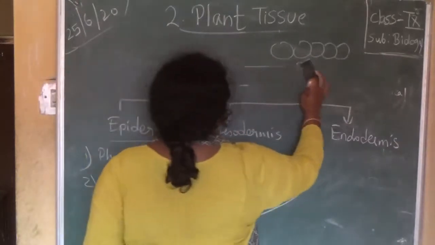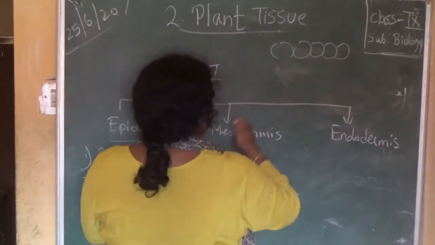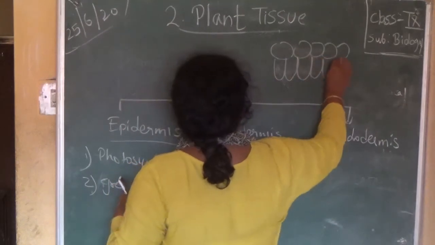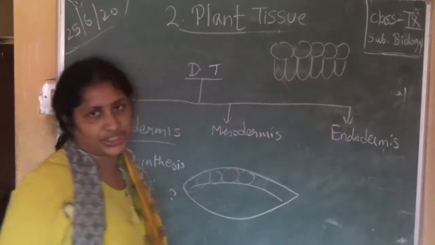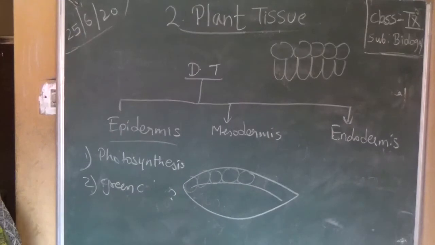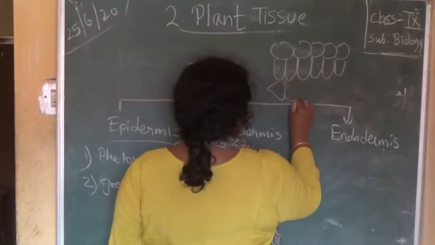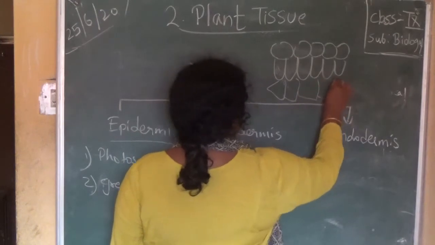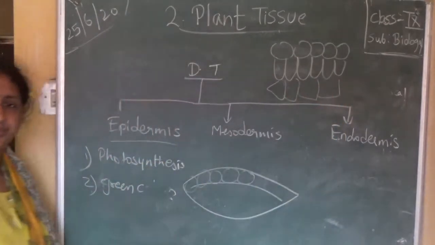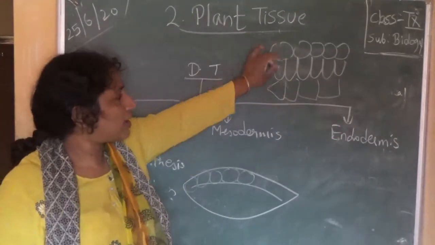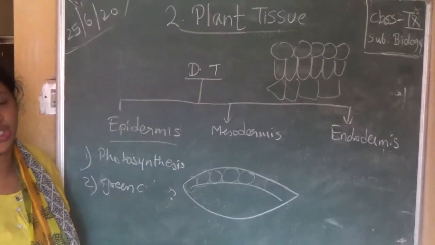Mesodermis will have a different type of cells having different functions. And the last layer, endodermis, will have a different type of cells having different functions. They are single layers, but all together they are called dermal tissue.